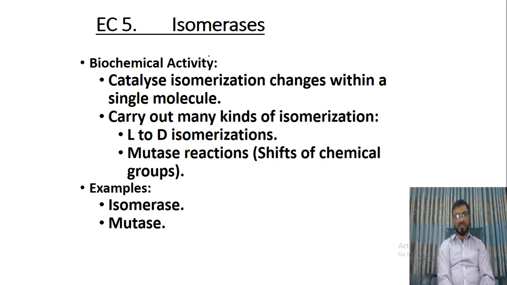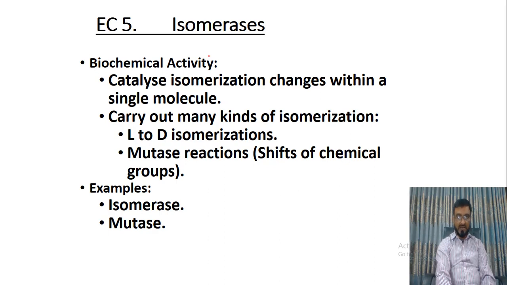Then the isomerases, you are well aware of this terminology. They create isomers. This biochemical activity catalyzes the isomerization change within a single molecule. And there are many types of isomers. One of the isomers you are well aware of: L and D isomers, alpha and beta isomerization.